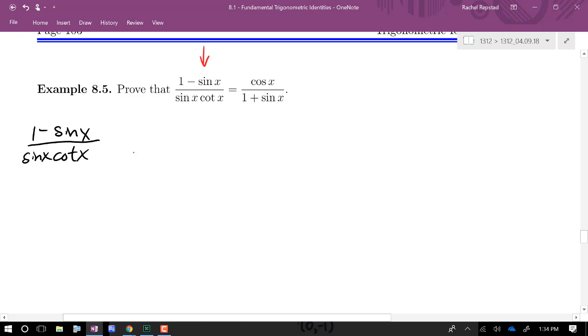We're hoping to show that it's equal to the right side. There's nothing really obvious that jumps out at us, so I'm going to show you another technique that can work when we don't have a lot of other options, depending on what the expression looks like.